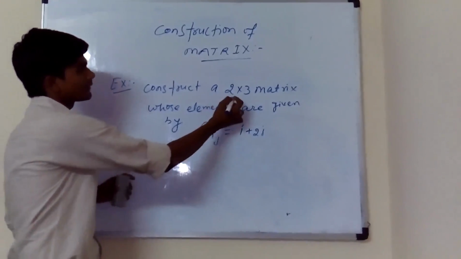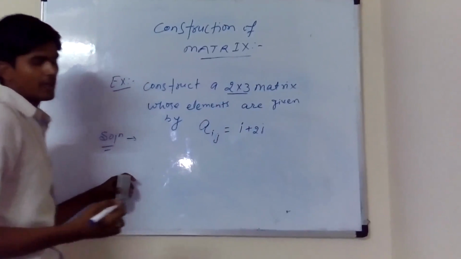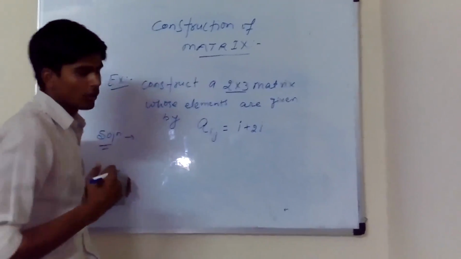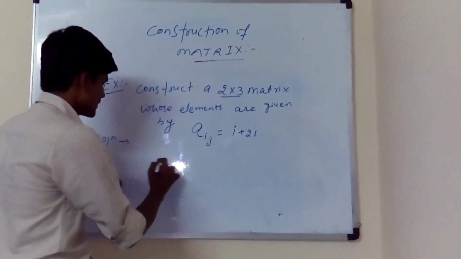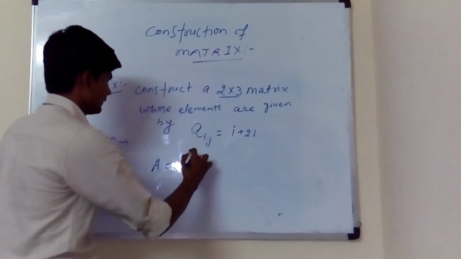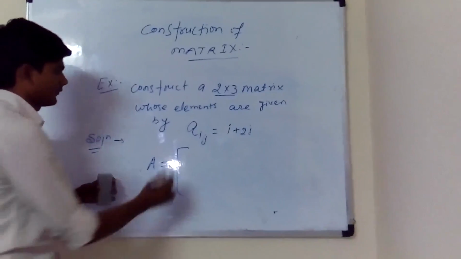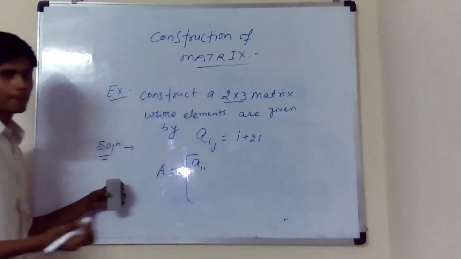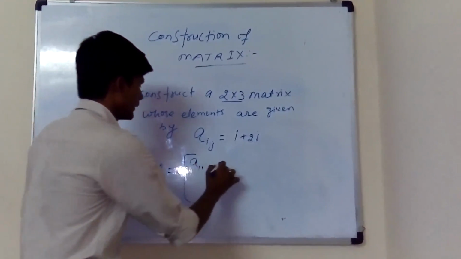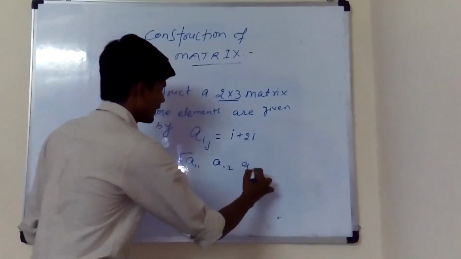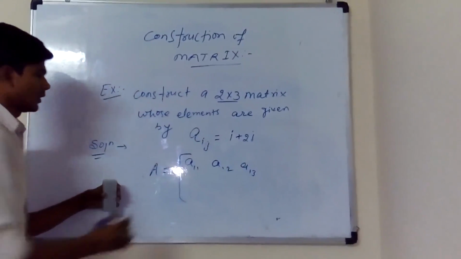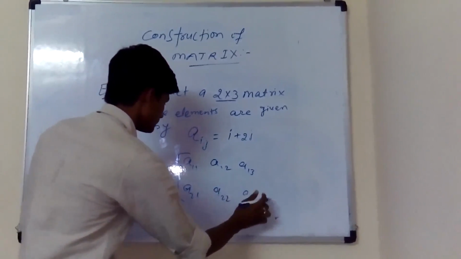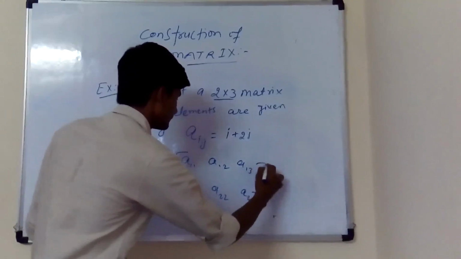What is the order of the matrix? The order of the matrix is 2 cross 3. That means the matrix has 2 rows and 3 columns. Okay, so this is a matrix A having first row and first column, then this is A11 and A12, A13. Now this is A21, A22 and A23.